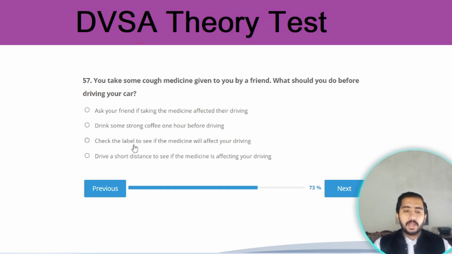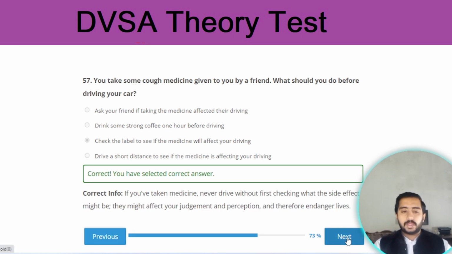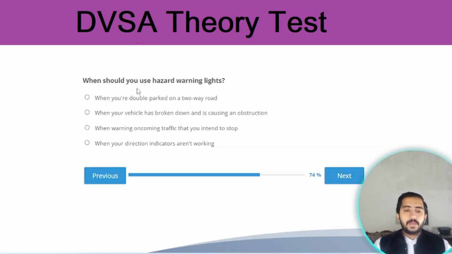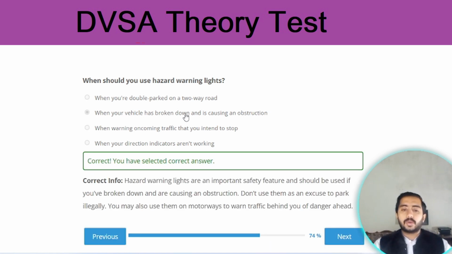You check the label to see if the medicine will affect your driving. Option C is the correct one. Next one. When should you use hazard warning lights? Hazard warning lights should be used when your vehicle has broken down and is causing an obstruction. Option B is the correct option. Next question.